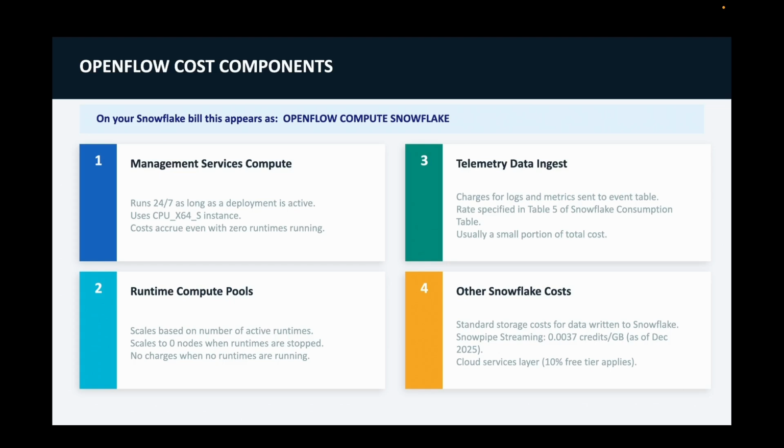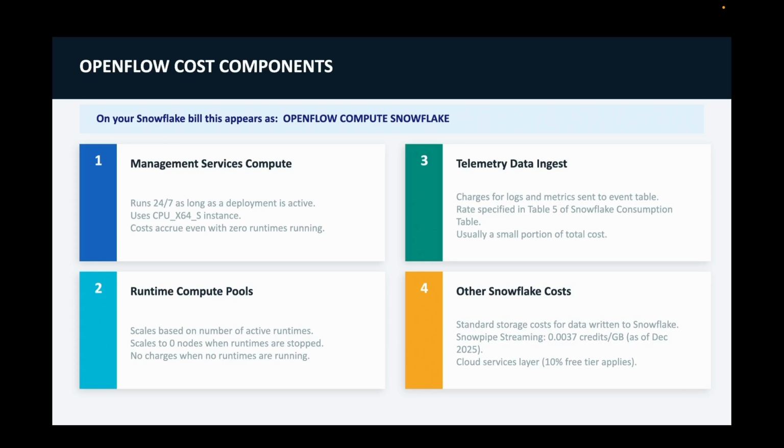It runs 24/7 as long as the deployment that you created is active. It uses a CPU family of x64 underscore s instance. The costs accrue even with zero runtimes running. When you create a deployment, it'll start a management service that continuously runs until you delete that deployment.